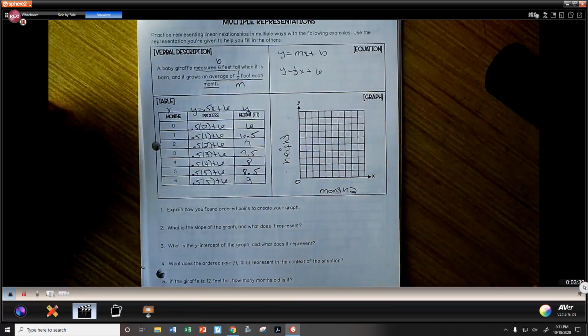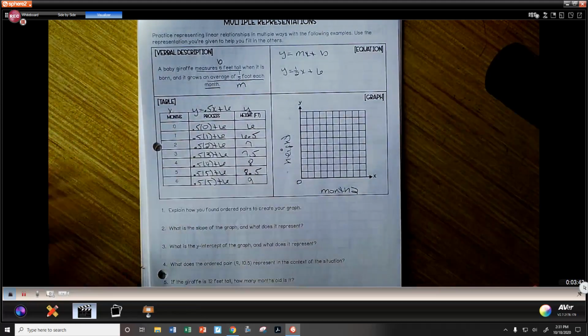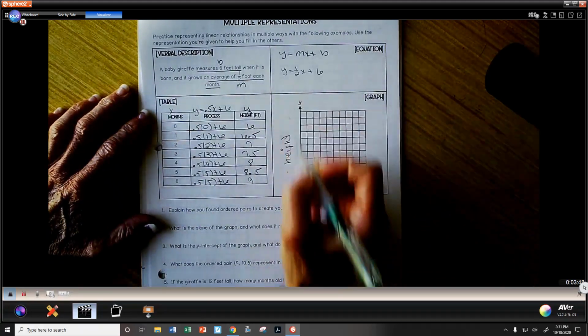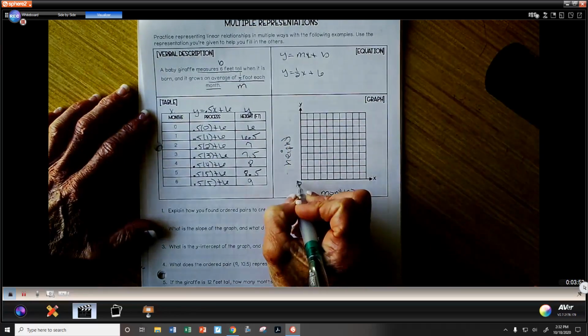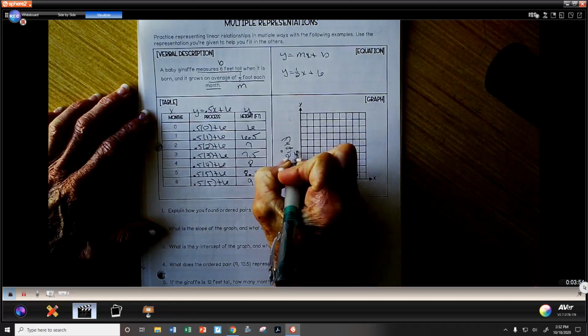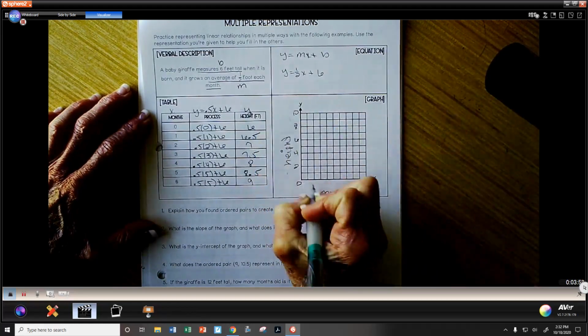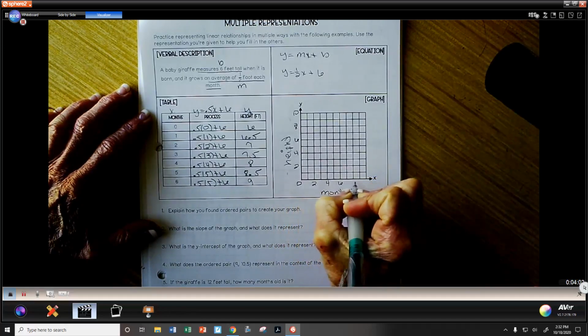So here is 0, and I look at my numbers. I'm going from 0 to 6 and 6 to 9. I'm going to count by ones because it goes up 10 and over 10, but I'm going to do it like this because it's neater. I write so big and not always the neatest.